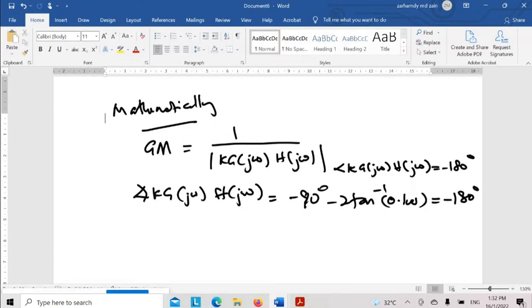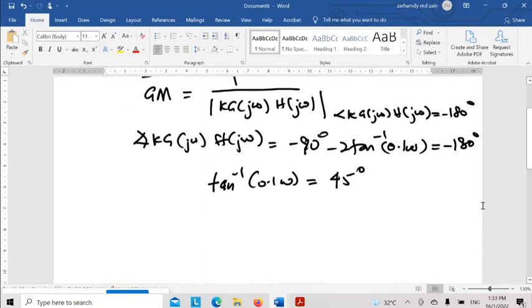Doing some mathematics, you get tan inverse 0.1 omega equal to 45 degrees, so omega is 10 radian per second.